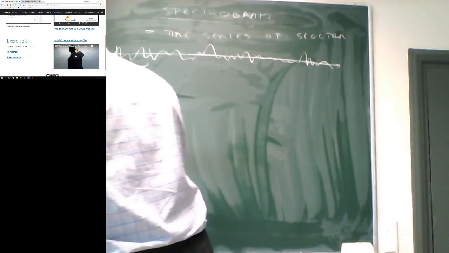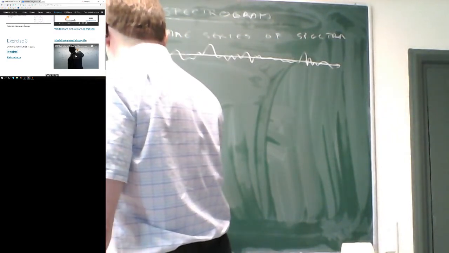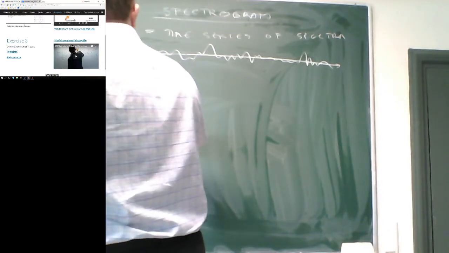I'll draw the spectrum a little bit differently now. This is the frequency axis in here, and this is the amplitude axis, X e to the j omega. The spectrum might look like that.